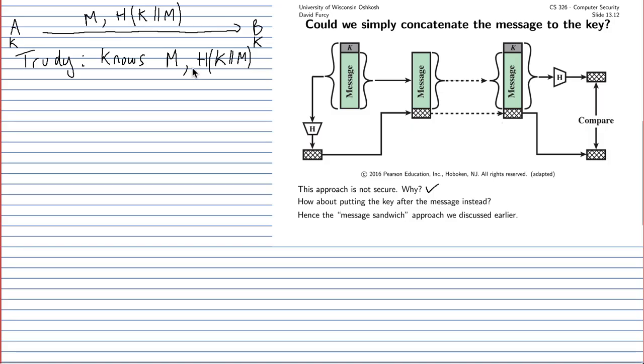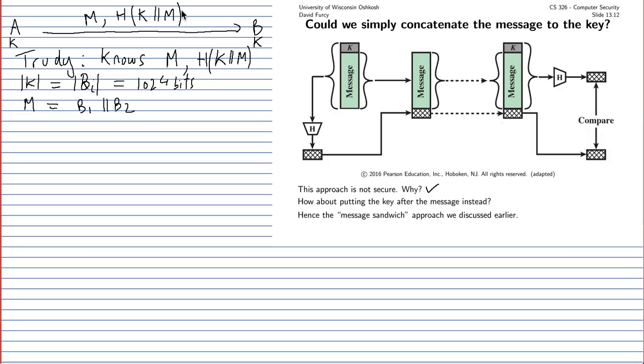For example, we can assume that H is a block-based hash function, just like SHA-2, which is very common actually. We can also assume that the size of the key is the same as the size of each block. So remember that the message M is going to be broken up into blocks of size, say, 1024 bits. This is just a made-up example, but that's actually a pretty common scenario. Let's assume that the message M that Alice is sending is actually made up of only two blocks, B1 concatenated with B2. Okay?